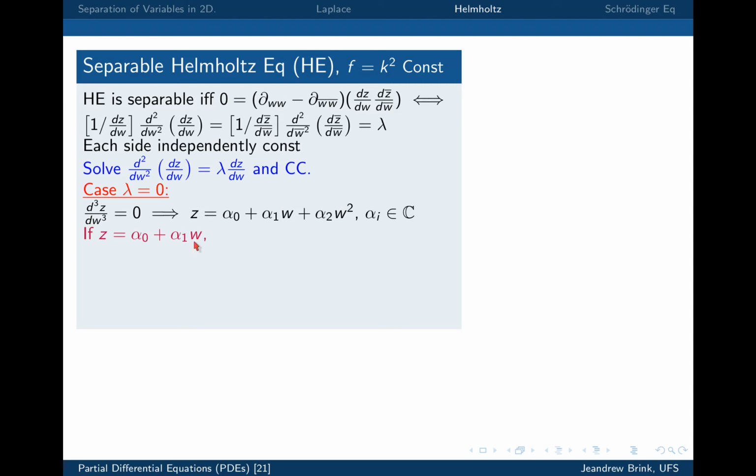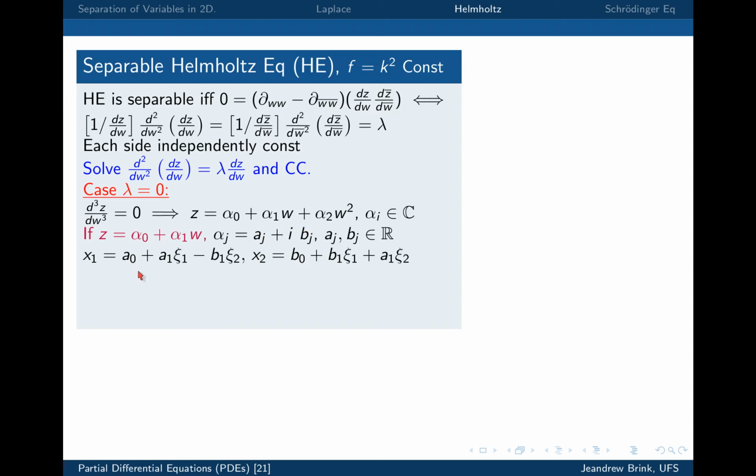And let's now write out the implications for what it actually means for the coordinate transformation. Okay, so if you have this transformation and you write out the real and imaginary part for z, you write out the real and imaginary part for w, you multiply it by alpha 1, which is equal to that. What you get is this expression.